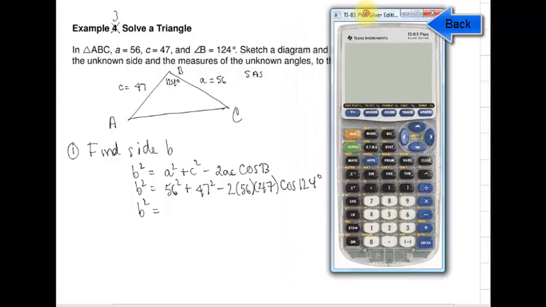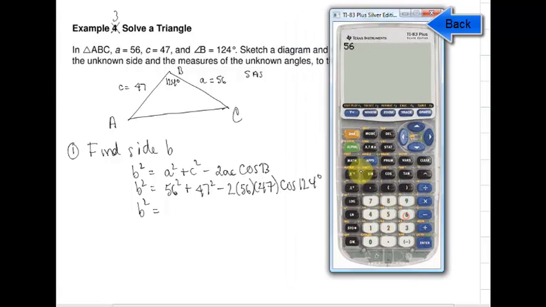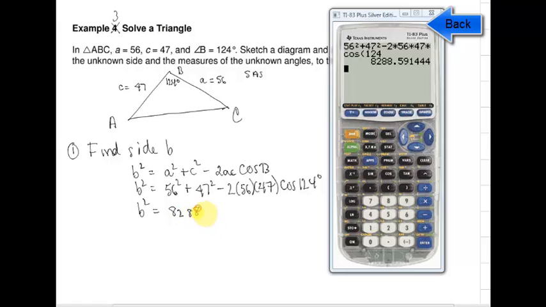So we're going to go 56 squared plus 47 squared minus 2 times 56 times 47 times cos of 124, and that gives me 8288.5914 dot dot dot.